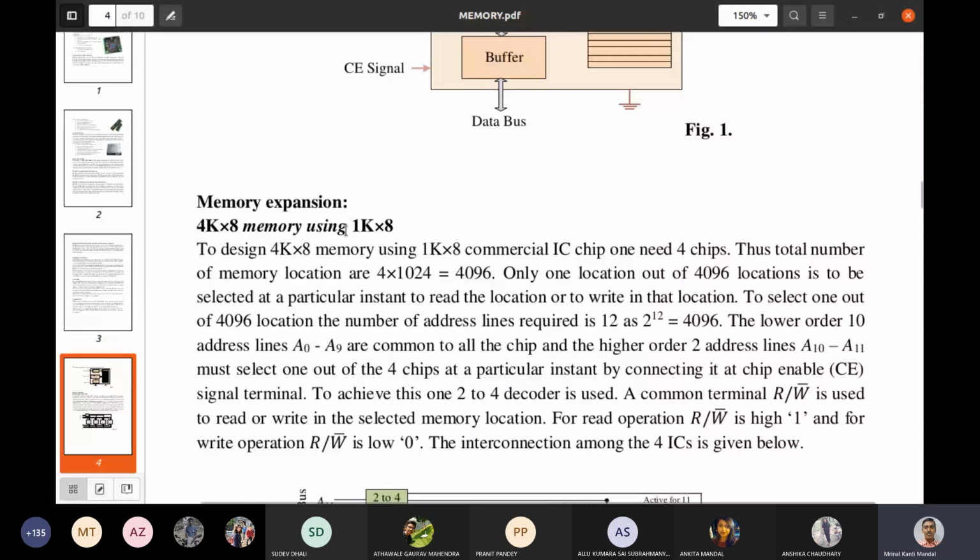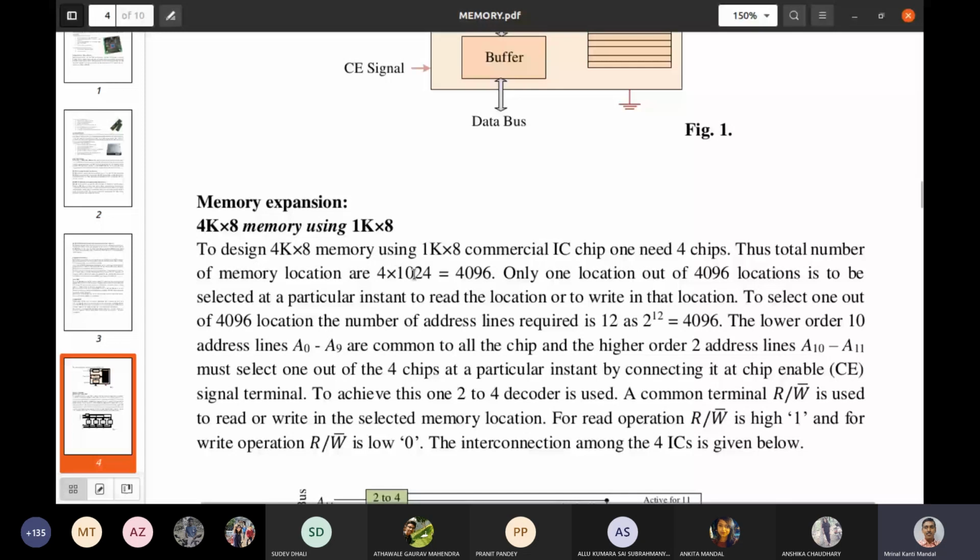So we need 4 ICs to expand the memory to 4K into 8. Each IC can contain 1K memory locations, that is 1024. So 4K will produce 4096 different memory locations.